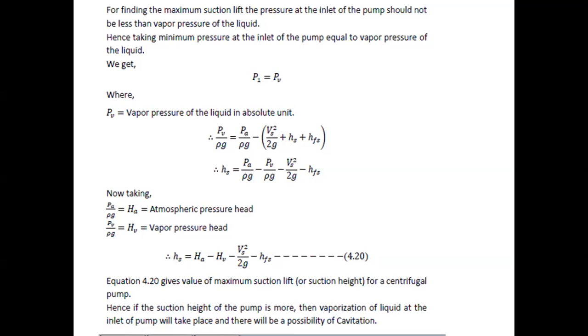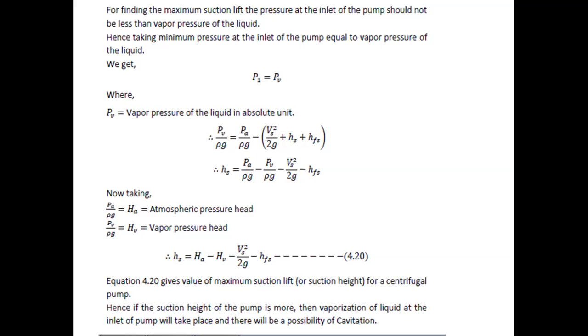So PV upon rho g equals PA upon rho g minus Vs square upon 2g minus Hs minus HFS. So Hs equals PA upon rho g minus PV upon rho g minus Vs square upon 2g minus HFS.